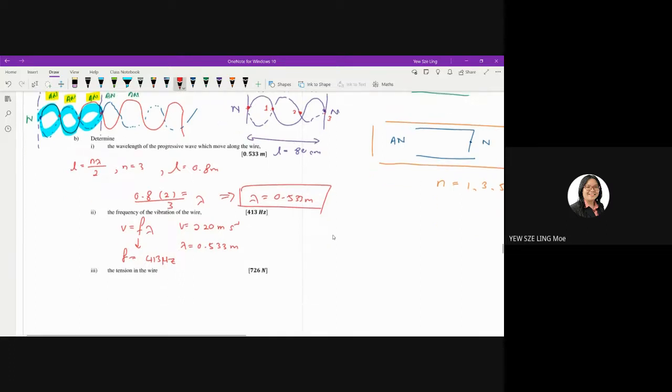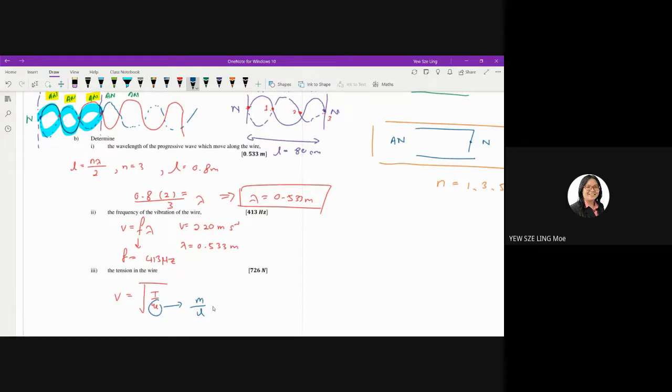And then the last one, the tension in the wire. When it comes to strings, other than the general equation v equals f lambda, v actually has another equation, which is v equals square root of T over mu. Now we don't have the value for mu, but what we do know is mu equals mass over length, the mass over the length of the string.